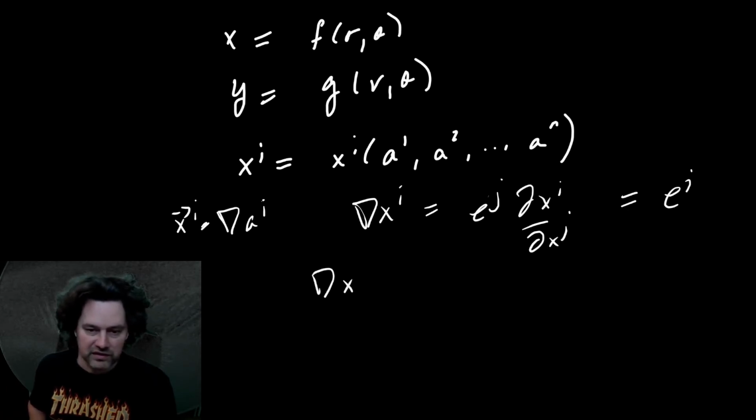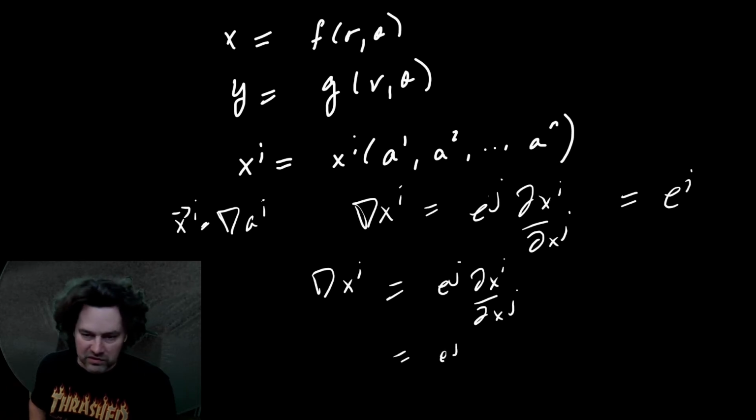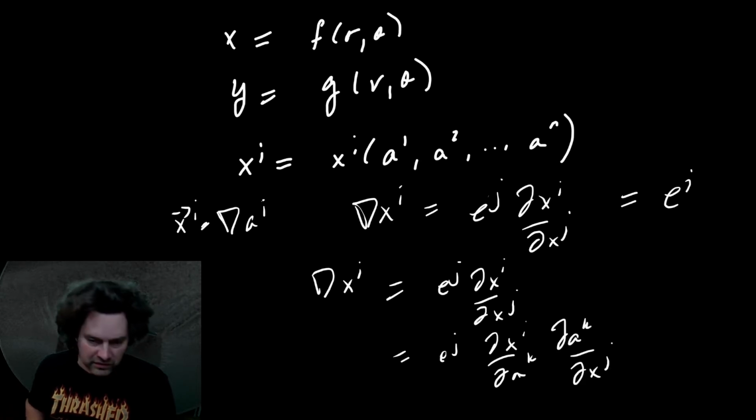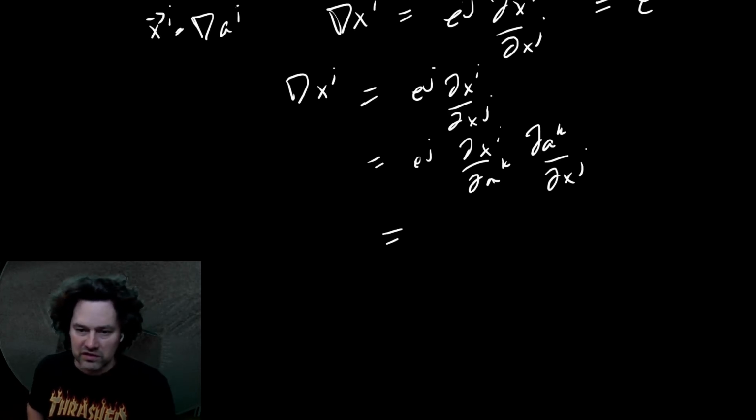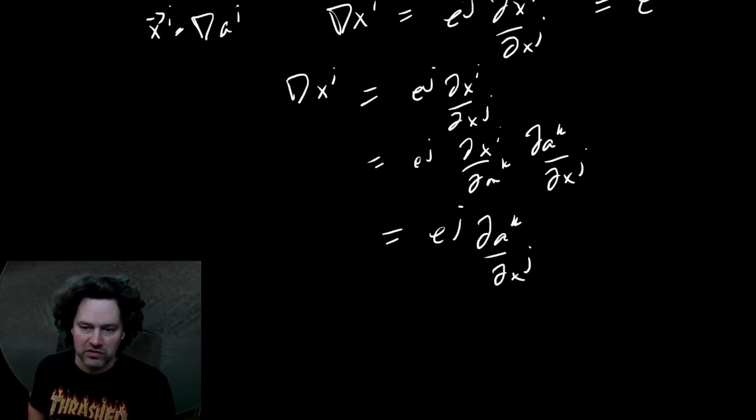So if we have grad x^i, we can say that is e_j ∂x^i/∂x^j, which is e_j ∂x^i/∂a^k ∂a^k/∂x^j, which is e_j ∂a^k/∂x^j, just grouping terms, and ∂x^i/∂a^k.